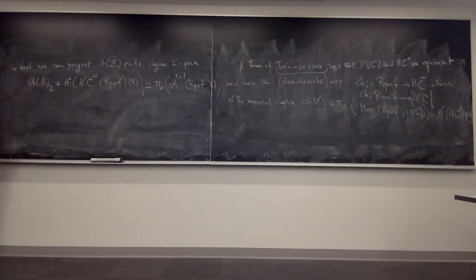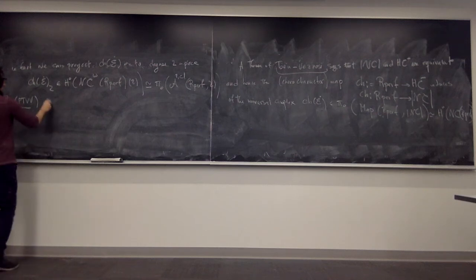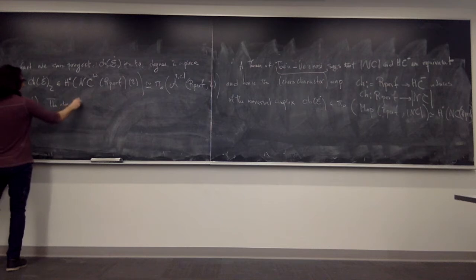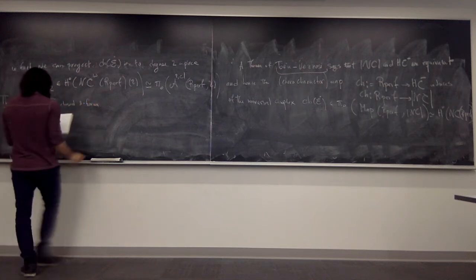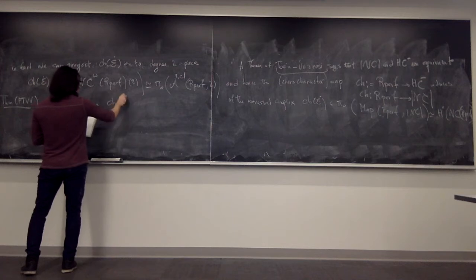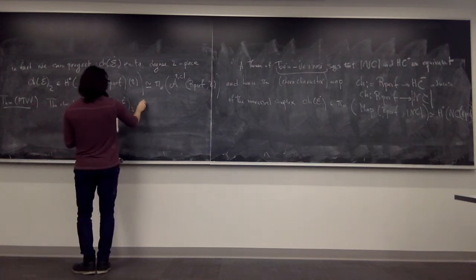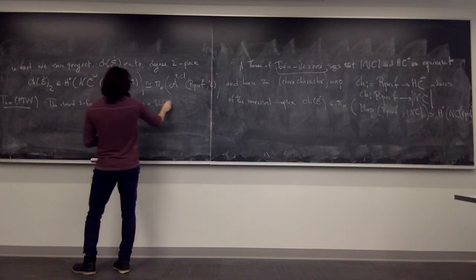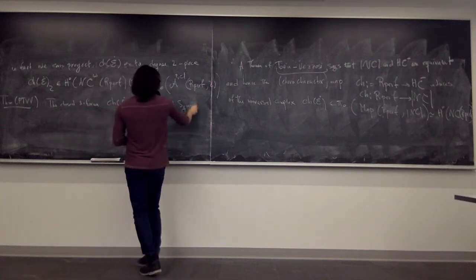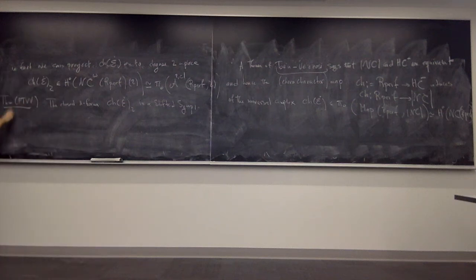So here's a theorem. Main theorem: the closed 2 form Chern of E dot in degree 2 is a shifted symplectic structure on R perf.